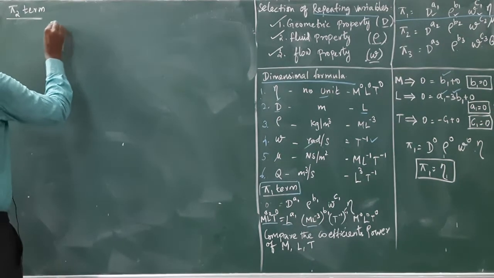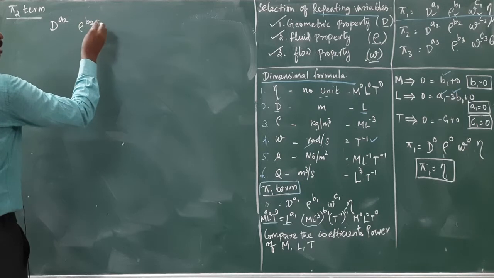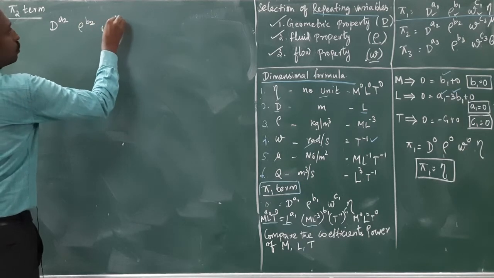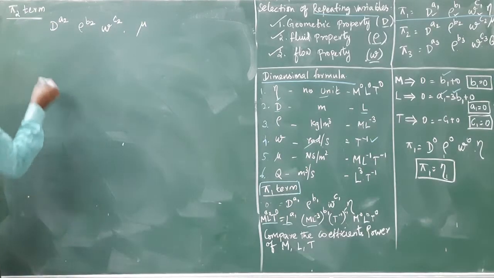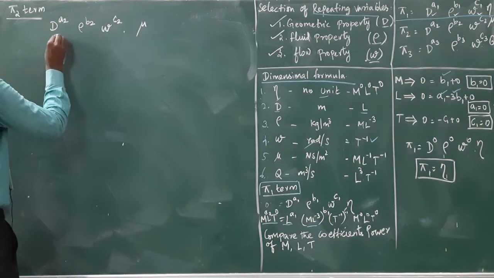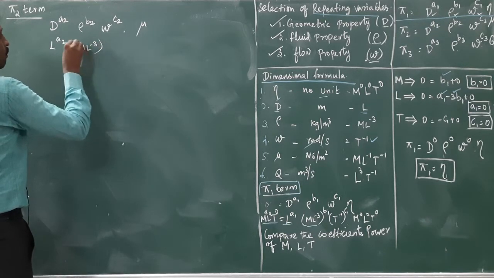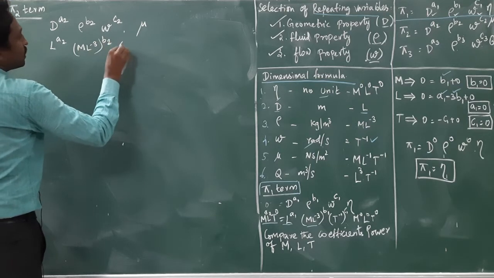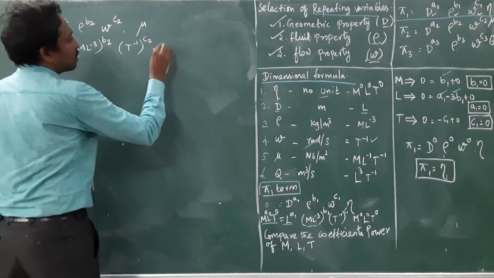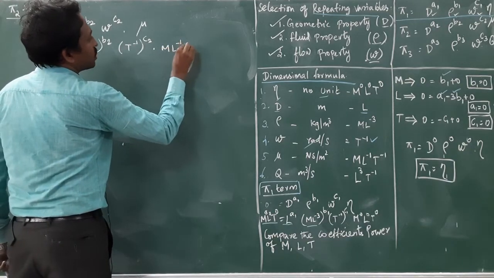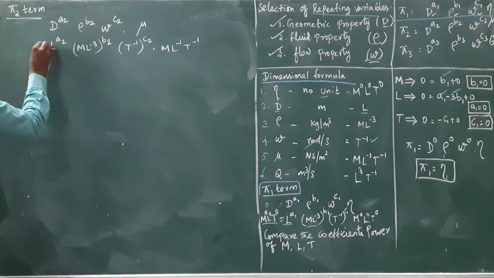D power a2, rho power b2 and omega power c2 into mu. Apply the dimensional formula. D is L power a2, rho is M L power minus 3 to the power of b2 and omega is T power minus 1 to the power of c2. Mu is M L power minus 1 T power minus 1, which is equal to 0.